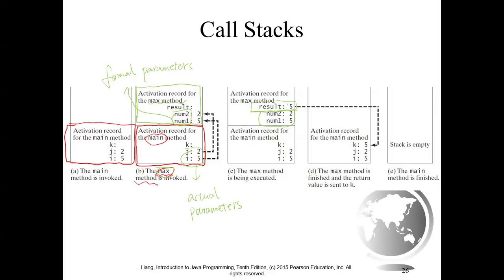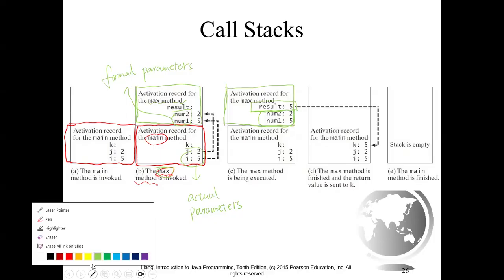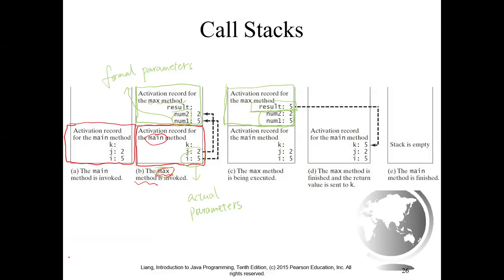Once the comparisons are made, the program will know the value for the result. And since this is a return type method, the max method, the green block, will return the value which we specified at the last line of the max method to the main.